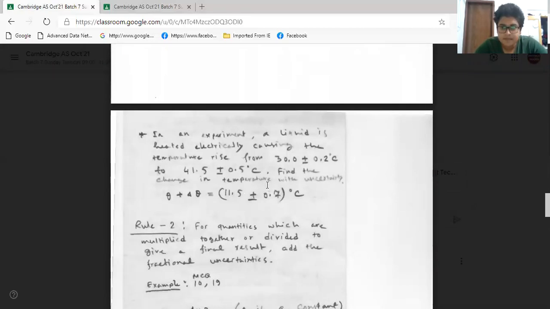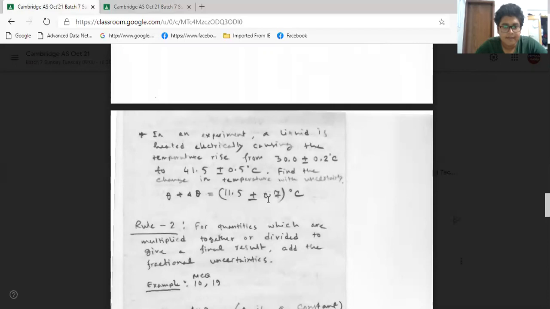Now here is the main thing we have to focus on. Look here, we are subtracting the measured value, but for the absolute uncertainty, we are adding. Is it clear? So whatever you are doing, adding or subtracting the measured value, your absolute uncertainty should always be added.